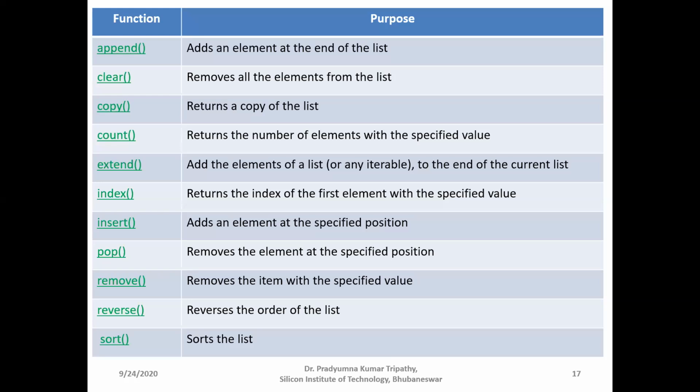So try using all these functions so that you know how these functions actually behave with the list. Do practice on your own at home, and for each of the functions you work with the list itself. Correct?